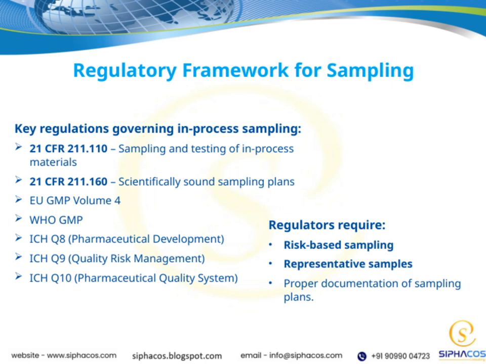Additionally, ICH guidelines like Q8, which covers pharmaceutical development, Q9 on quality risk management, and Q10 outlining the pharmaceutical quality system, all play pivotal roles. They collectively emphasize the importance of scientifically justified, risk-based, and well-documented sampling practices to ensure product quality and compliance. Connecting all these points, it's clear that a robust sampling strategy, aligned with these regulations and guidelines, is fundamental to maintaining quality throughout our manufacturing process.